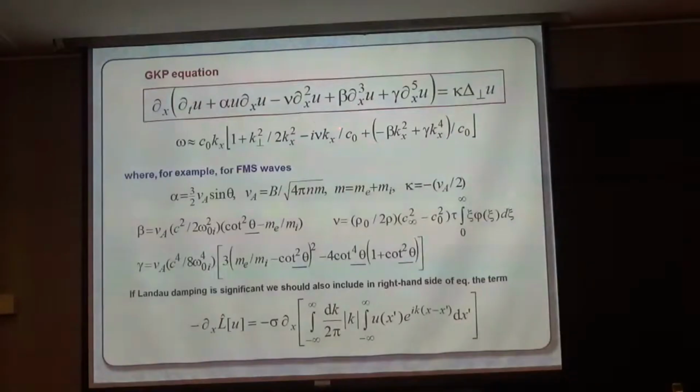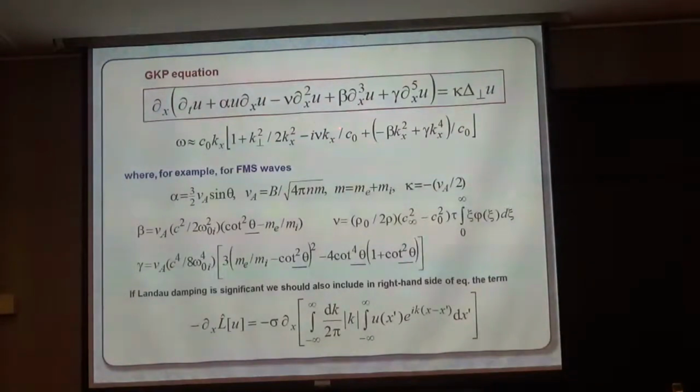At first, let's consider the equations of first class, namely the generalized Kadomtsev-Petviashvili equation, which is valid always in all media when the dispersion law is of the following form.